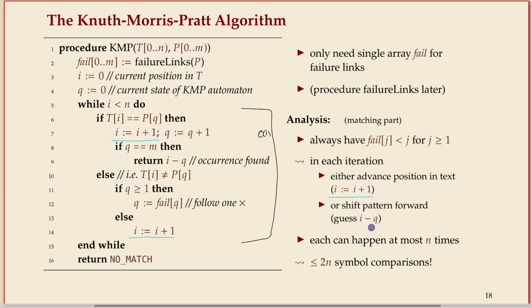It doesn't necessarily move i, right? It could keep i where it is. But we still shift the pattern forward whenever we update q. So we have either steps that increase i or steps that increase i minus q. OK.